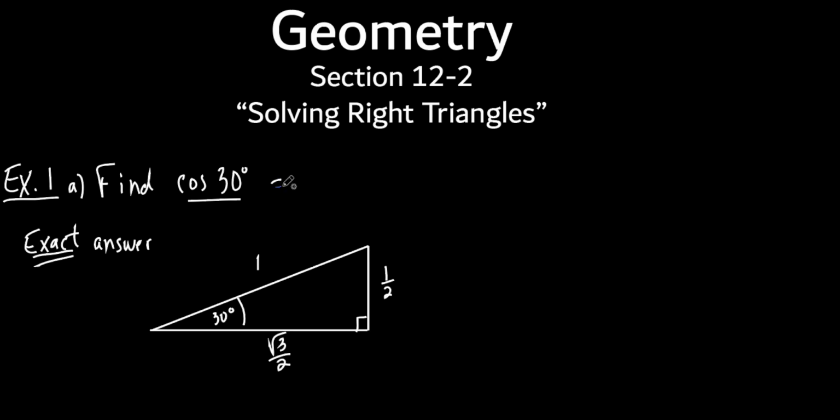So this is going to be the square root of 3 over 2 over the hypotenuse. That's your adjacent, over your hypotenuse. And you probably didn't even have to write it over 1. You probably already knew this over 1 is just this. So what is it? It's the square root of 3 over 2. Everybody got that?